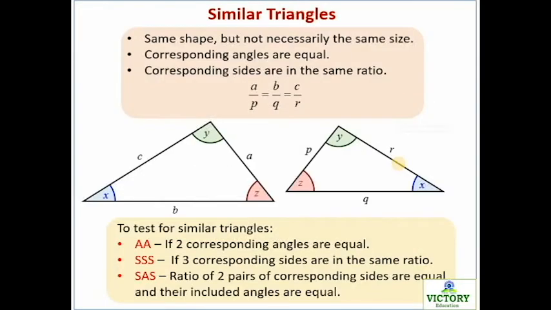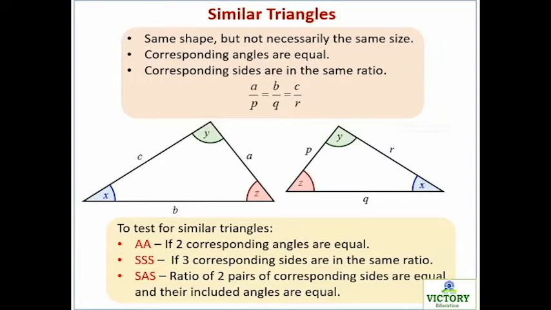The next thing you want to understand is similar triangles, which you would have read in your earlier classes, but this is just a recap. Any two triangles can be called similar triangles, but that doesn't mean the two triangles should be the same size. It just requires their angles to be equal.